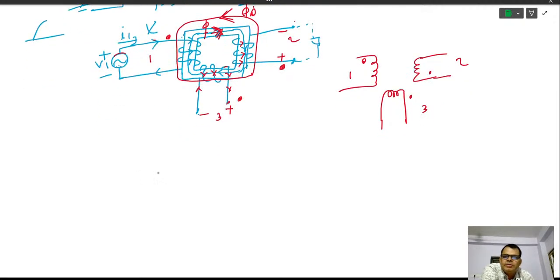Same way, when you have magnetically coupled inductors, linked inductors, they are coupling. Whenever there is a dot here and, let's say, a dot here, how do we write the equation for this?